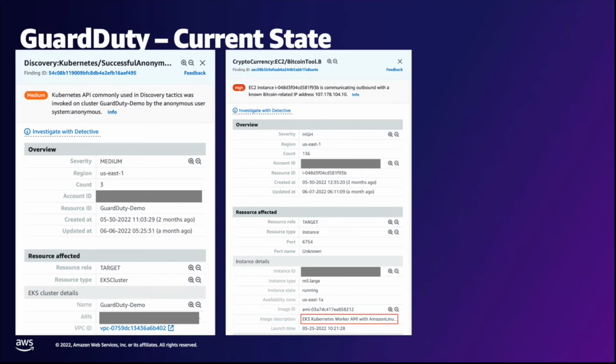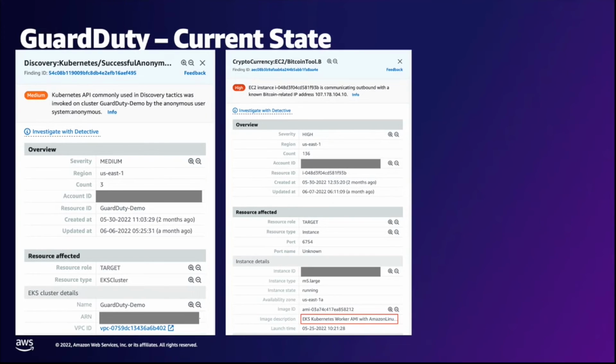So looking at these findings, some common questions that may occur to customers are: is the instance compromised? Is the container cluster running on the instance compromised? Is there a piece of malware dropped due to the suspicious communication? There are multiple things that customers may be considering.